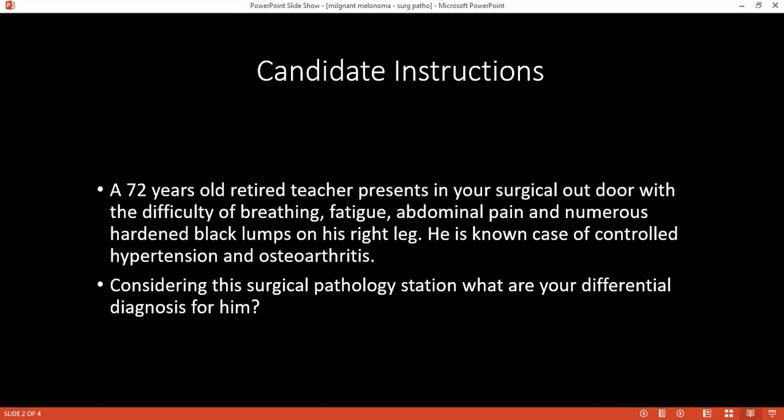What kind of condition is malignant melanoma? So malignant melanoma is a malignant tumor of the melanocyte. Okay. What pathogenesis occurs, or what is the pathogenesis of malignant melanoma?